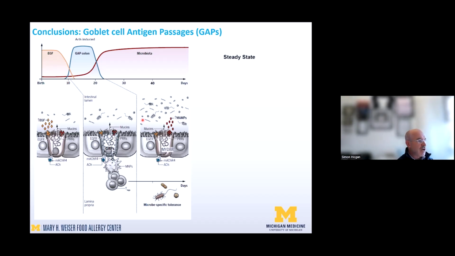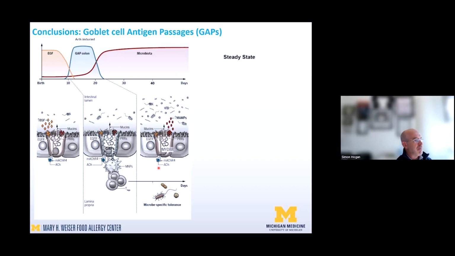Very early on in life, these antigen passages are predominantly present in the small intestine, and then following exposure to EGF in the mother's milk, this turns off these antigen passages in one GI compartment, but as the EGF goes down, these antigen passages turn on in the large intestine, and then through mechanisms regulated by the microbiota, can switch off in the colon and switch back on in the small intestine.